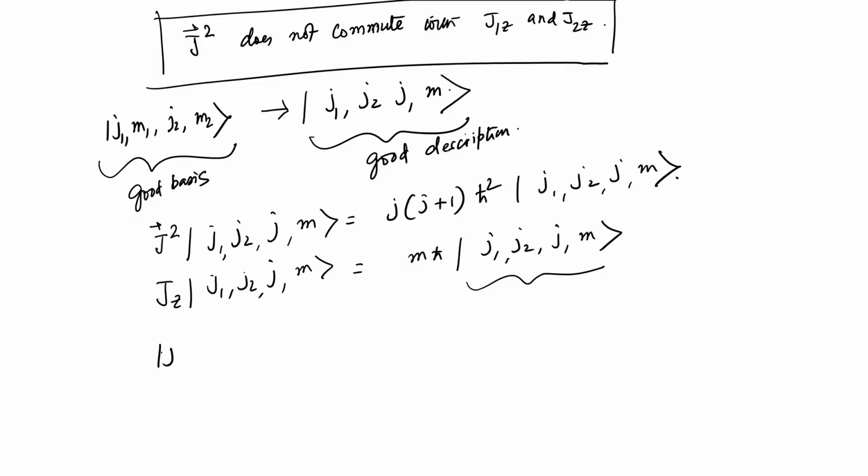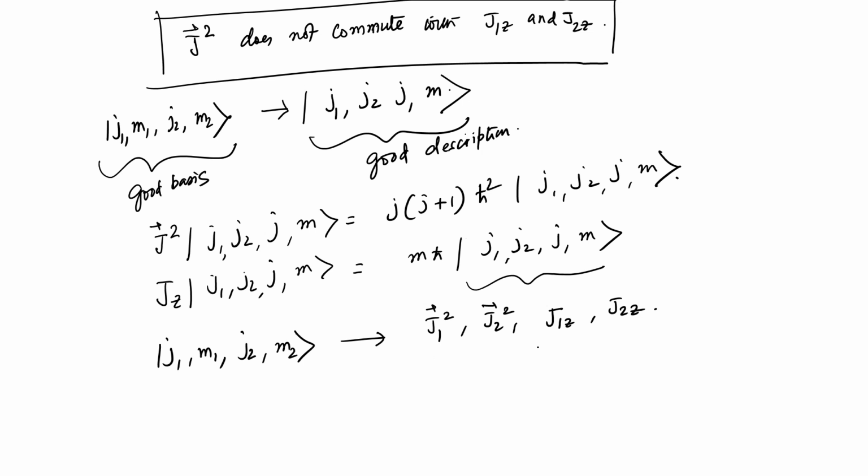Okay. Once again, this is a bit of repetition that I am doing, but it is probably worth it because you need to understand this well. So, for the first description we have the operators J1 square, J2 square, J1Z and J2Z.